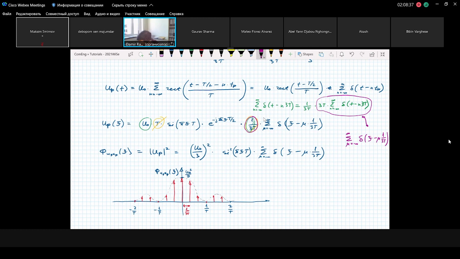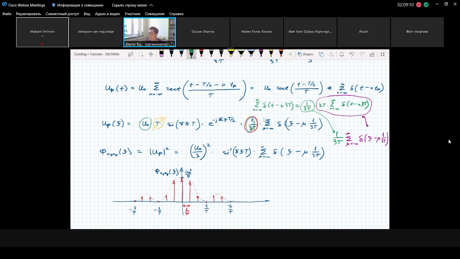But we have an additional scalar left, and we place it in front of this expression: 1 over 3T. This is the reason we have 1 over 3T in our expression, because our period equals 3T. If we had a different period, we would have a different scalar. And the T in front of the sinc comes from the Fourier transform of the rectangular pulse itself.